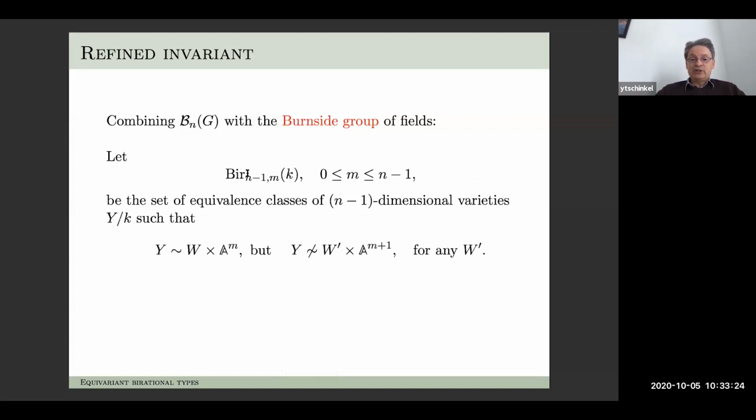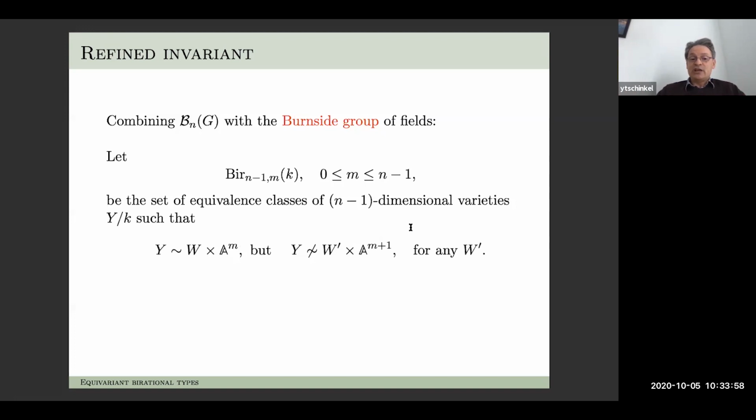So the condition is as follows. We look at birational equivalence classes of varieties, but the equivalence is with respect to the following property. Suppose our variety is birational to W times some affine space, but not to a product of a variety times an affine space of dimension 1 bigger. So it's like splitting off some affine piece from the variety birationally.